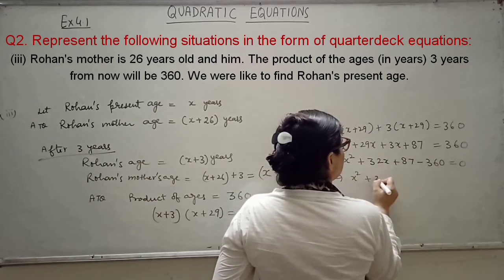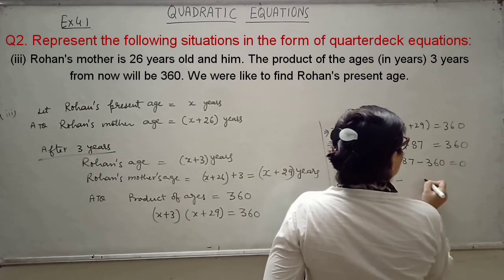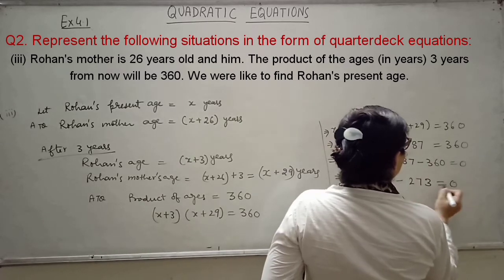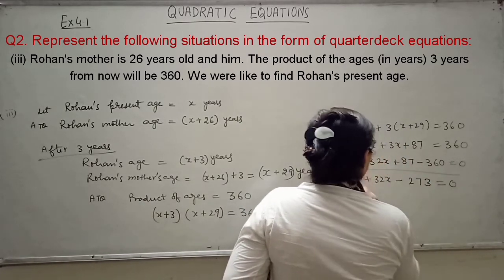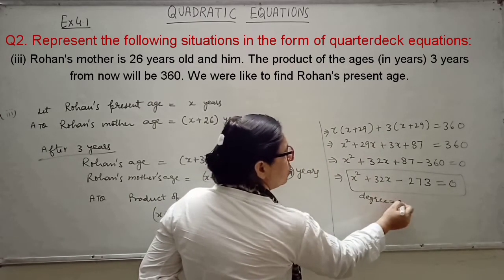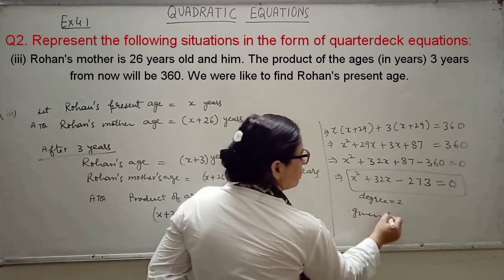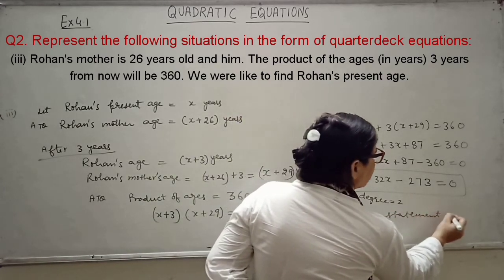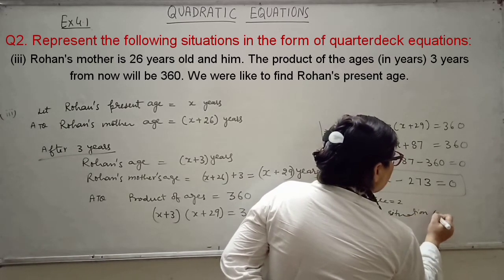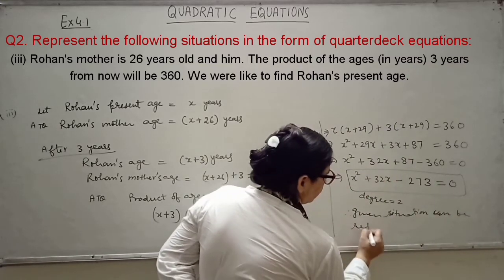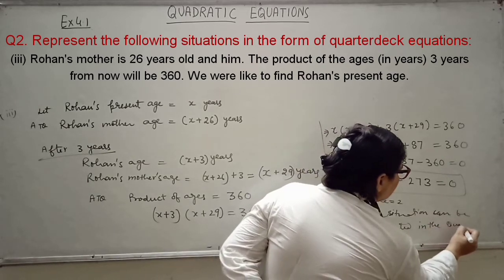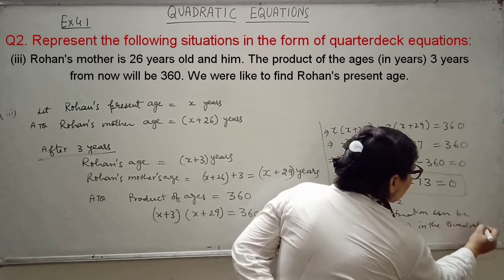So x square plus 32x minus 273 equal to 0. Now you can see, what is the degree here? Degree is 2. Therefore given situation can be represented in the quadratic equation.